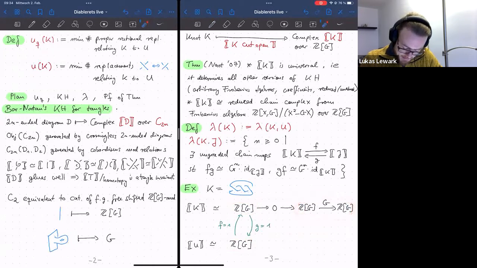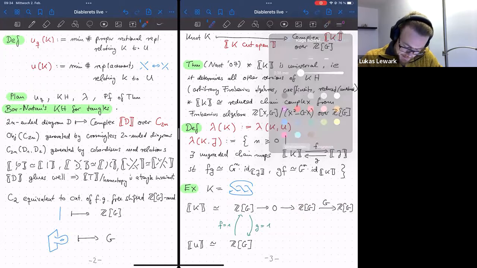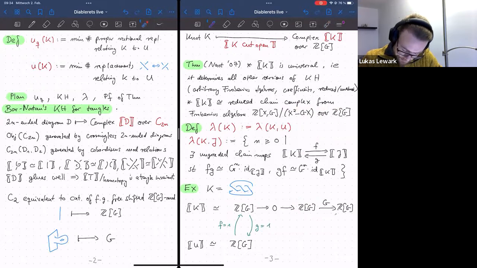But you see, I don't need equality to a power of G times the identity. I don't need equality on the nose. I just need homotopy. So I can throw in a homotopy. So that's the easiest homotopy I can find here. It's this homotopy here. Let's just take the map 1 here.